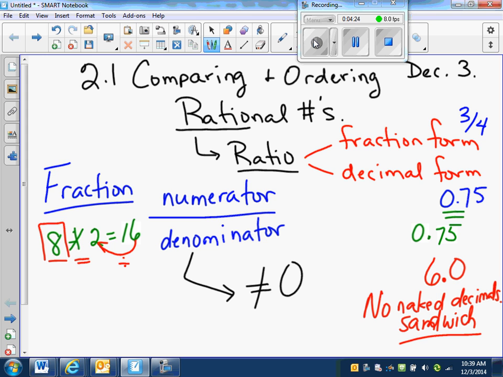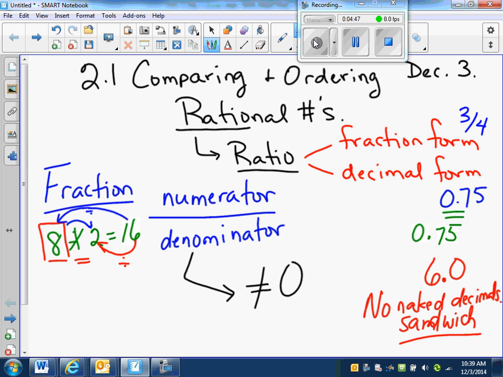We can always reverse to check. Or we could even say 16 divided by 8 is going to equal 2. You can always reverse it to double check. But look at the situation when we have a 0.